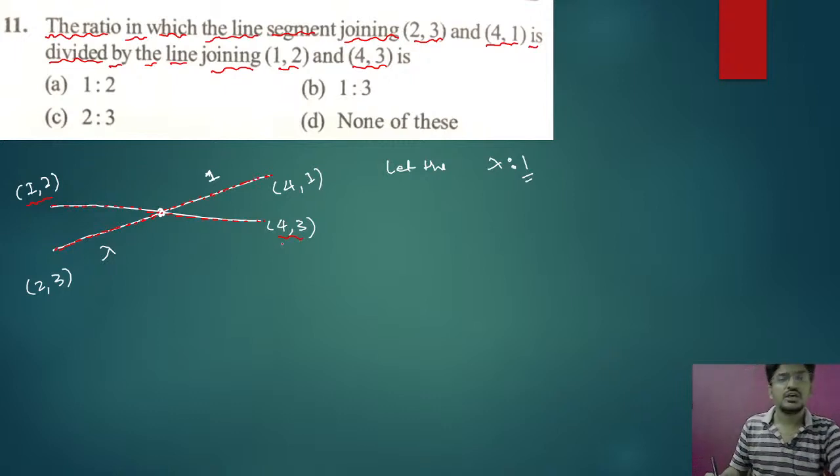Okay. So now from this, you take this as lambda and this as 1. Now we have to find the lambda value.